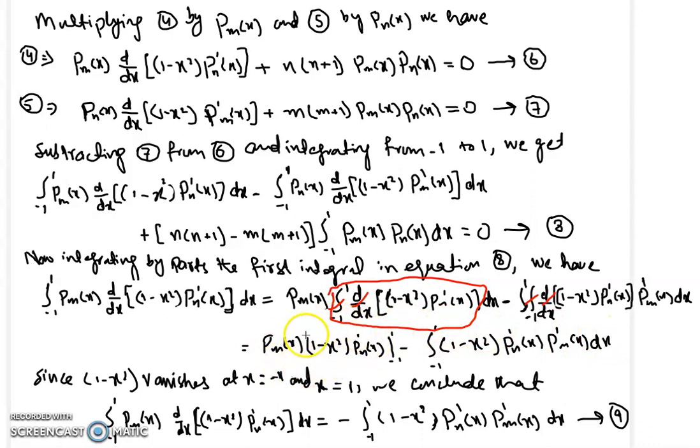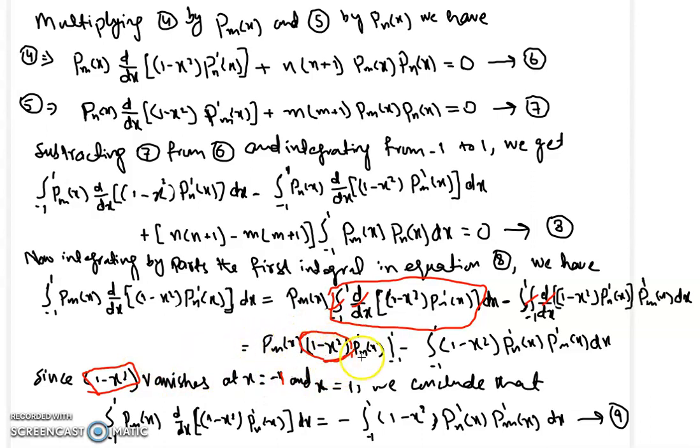Now we have to simplify this term. As we consider 1 minus x squared with the limits from -1 to 1, since 1 minus x squared vanishes at x equal to -1 and x equal to 1, the value of 1 minus x squared is 0 at both.